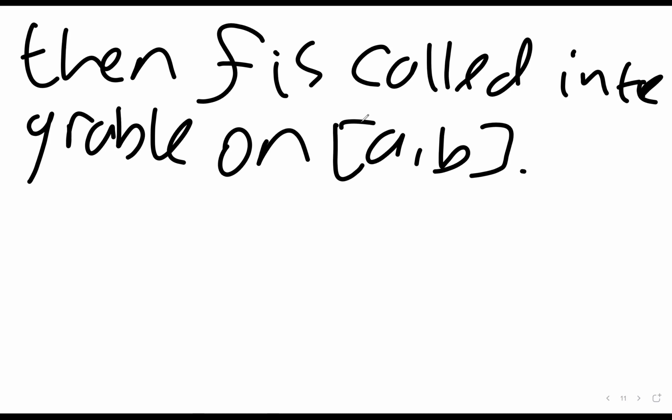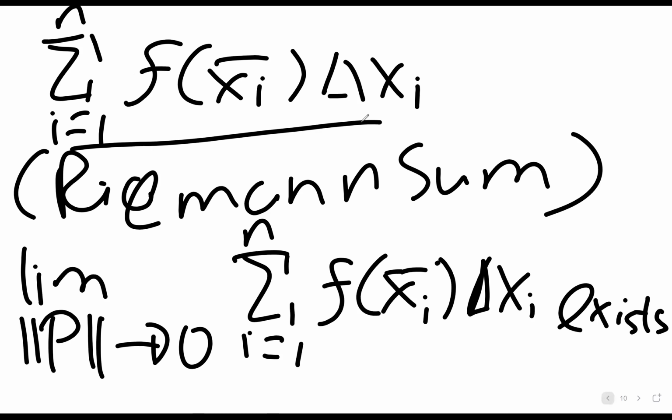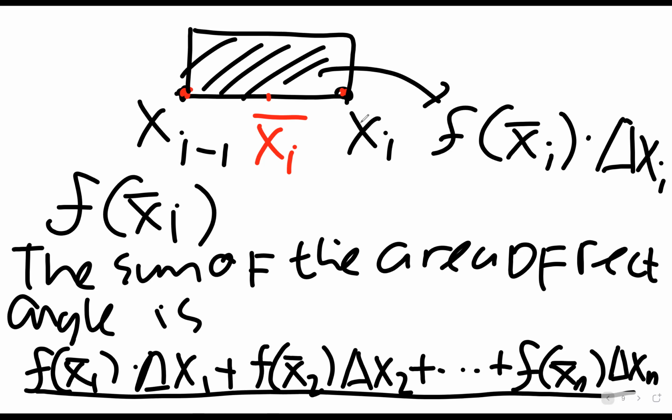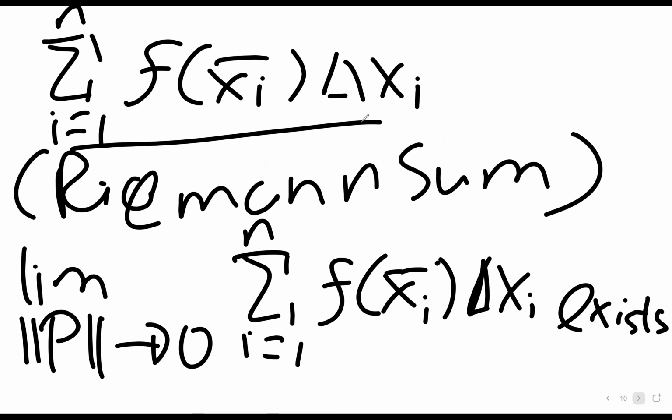Regarding the partition, the biggest value, like delta x1. Yes, exactly. Are delta x1, delta x2, delta xn all equal? Okay, so in general they are not equal, but of course you may take the equal partition.